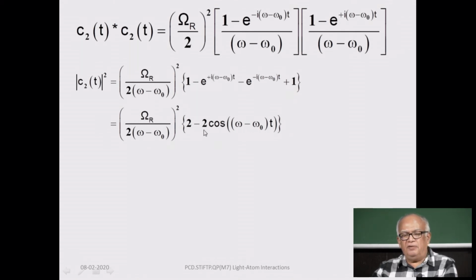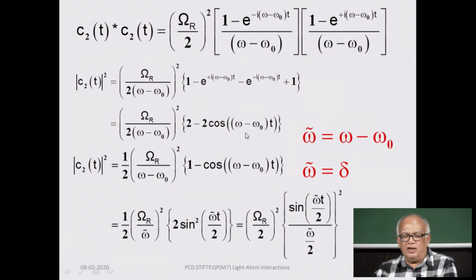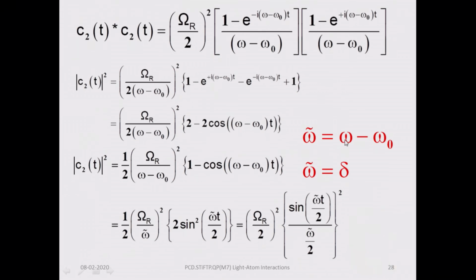So, you work out this product of these two terms, one is the complex conjugate of the other, multiply it out, you get a term which is 1 minus cosine of (omega minus omega 0)t, which you can write in terms of the sine square of omega tilde t by 2, omega tilde being the difference in the two frequencies, okay. So, I have used the symbol omega tilde over here, later I might use the term delta, but basically this is the difference frequency.